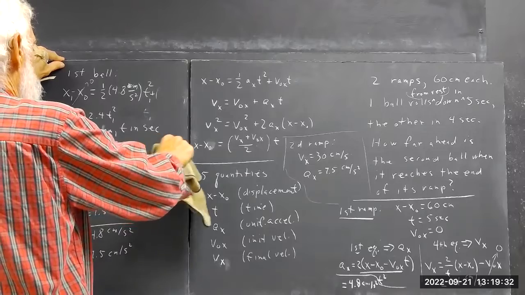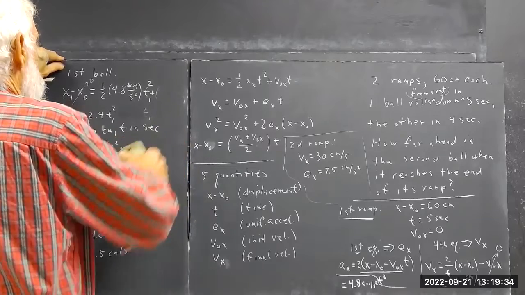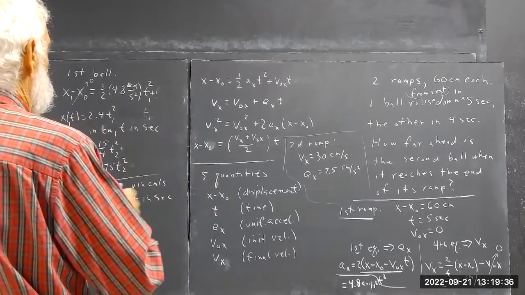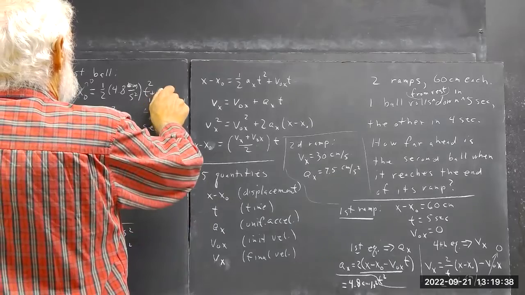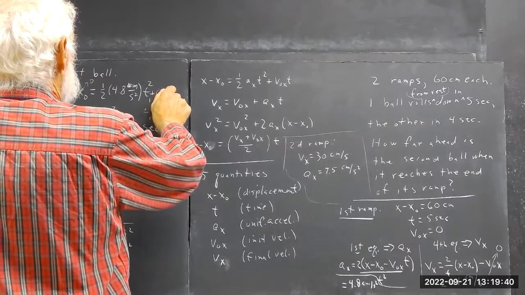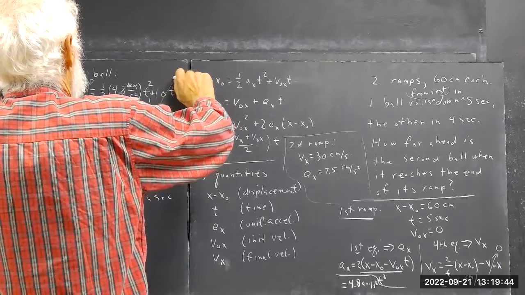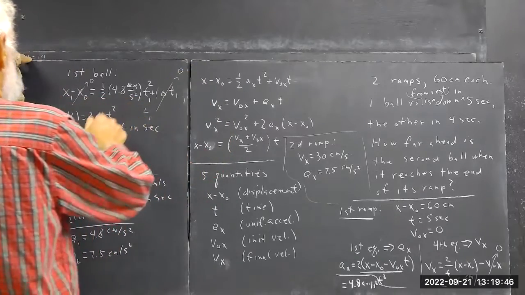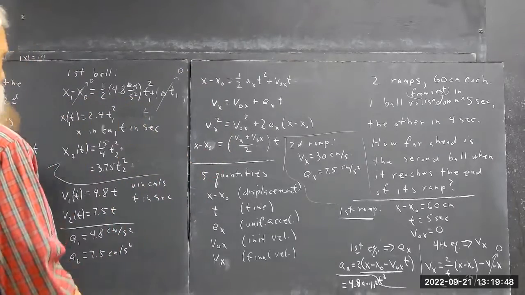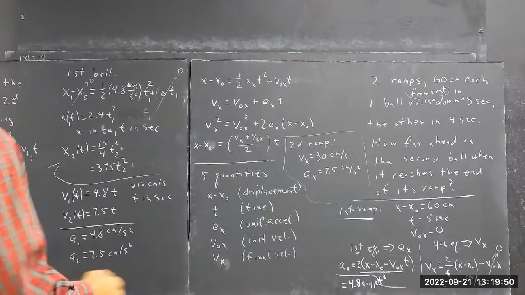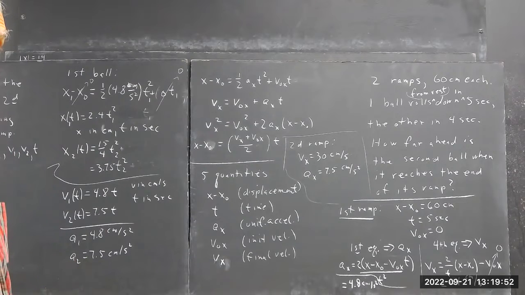And you don't have this. That's a zero. You just have like this. And similarly down here, initial velocity is 0.